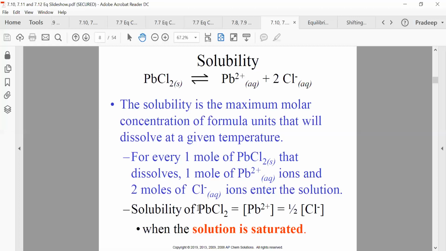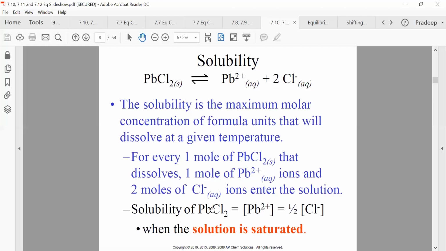So the solubility of PbCl2 is, how many moles do we have of PbCl2? There's 1, correct? And then Pb2 plus is also 1. We're talking about the solubility of PbCl2, which is 1 mole. How many ions of Pb2 plus are being produced? 1 mole.